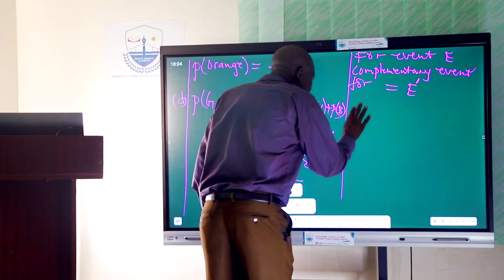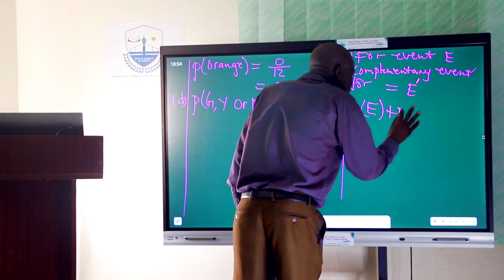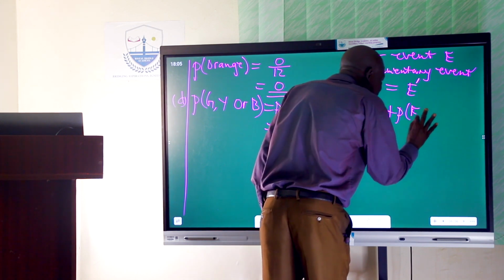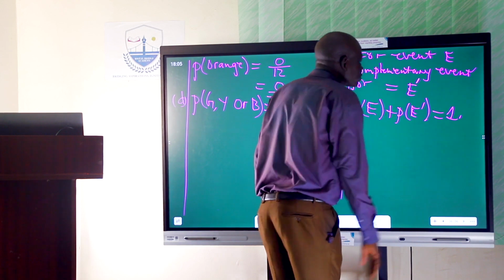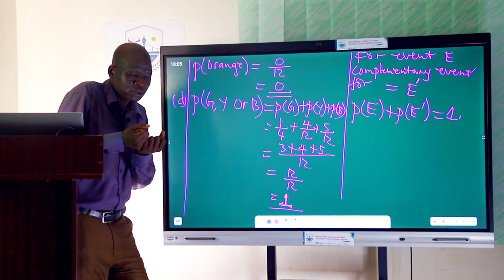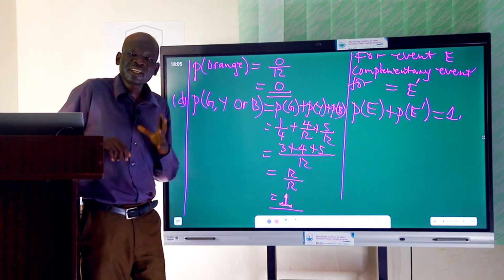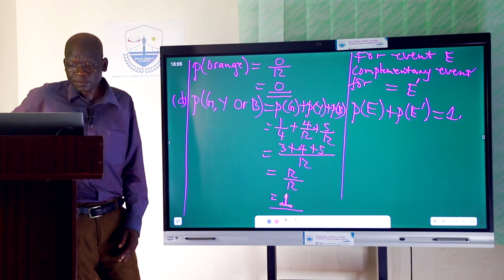So we are saying the probability of any event plus the probability of its complement, E dash, must always equal 1. Or the probability of an event occurring plus the probability of an event not occurring must always equal 1.